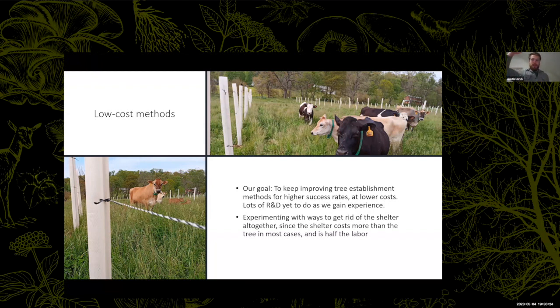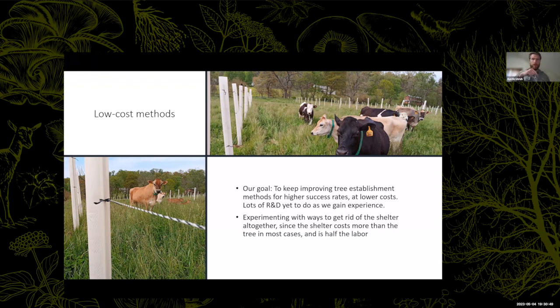For larger livestock like cattle, we're using a 6-foot tall Plantra tree shelter. Plantra is the brand that makes these. There's a fiberglass stake on the inside. And then we protect it with a single strand of poly wire. Make sure it's hot, and the livestock will generally respect it. So it's a pretty simple system. That's what we use to protect the tree.